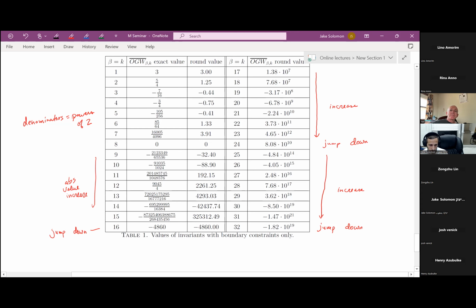The same with the sign periodicity, and in terms of the denominators, there's a geometric explanation for it. I should have said powers of 4 here. The denominators are actually powers of 4. And this has to do with the fact that the first homology of the Chiang Lagrangian happens to be Z mod 4.